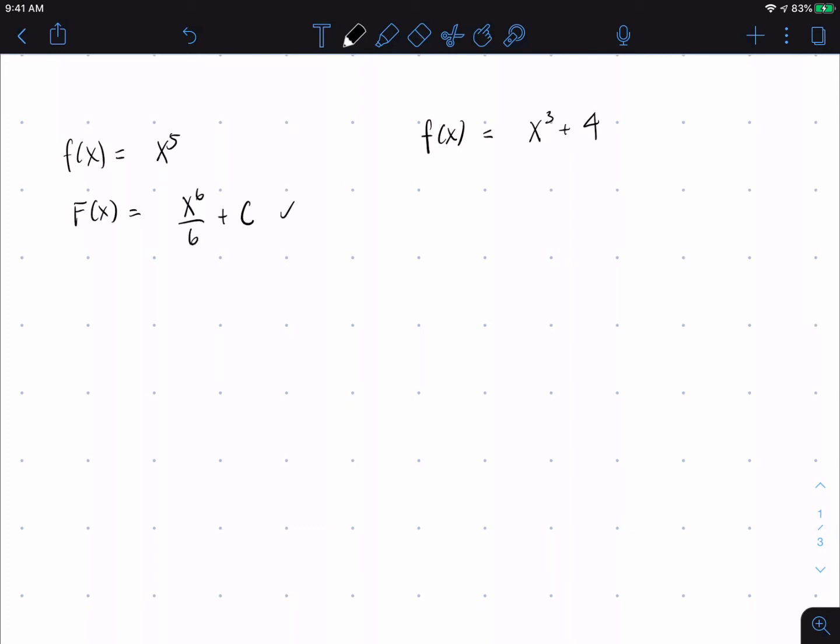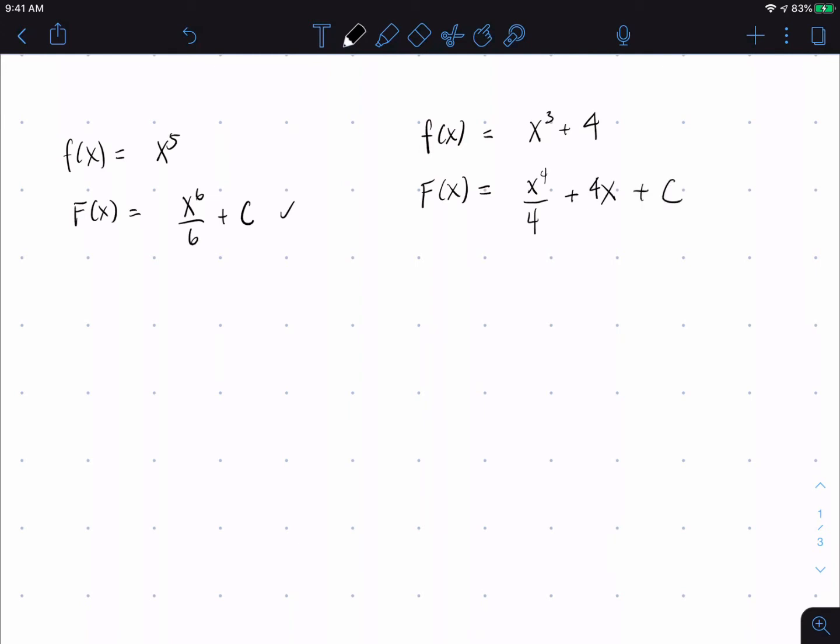Now, we're looking for the antiderivative. It's x to the 4th over 4. That's right. But it should be plus 4x plus c.